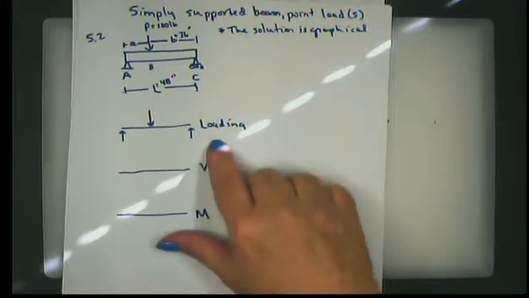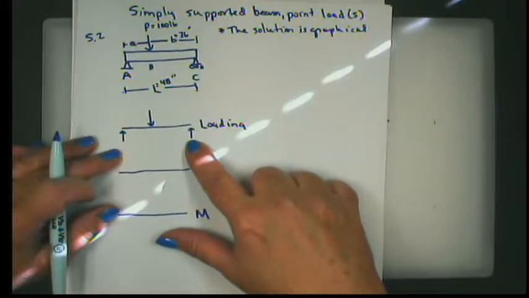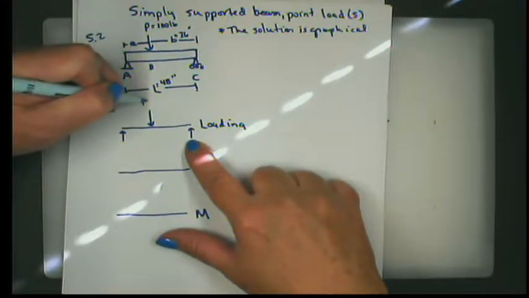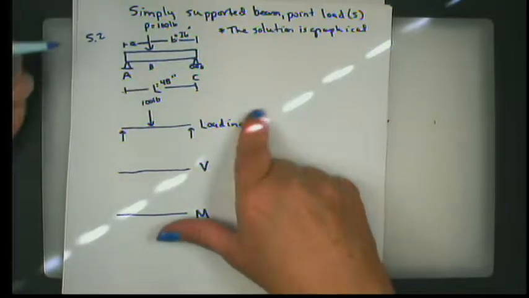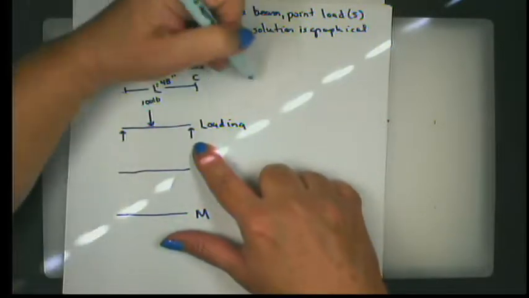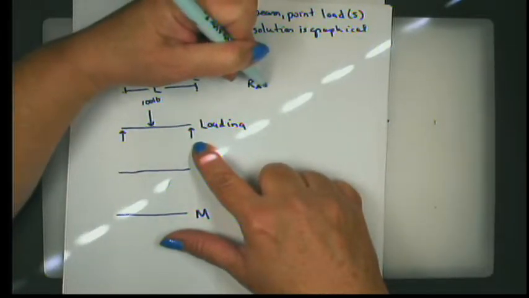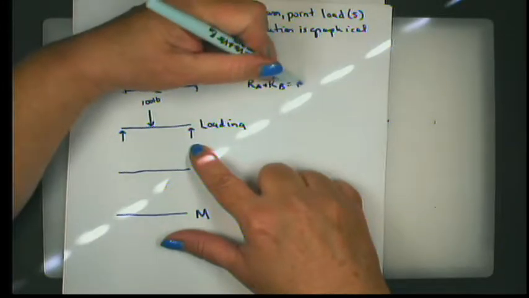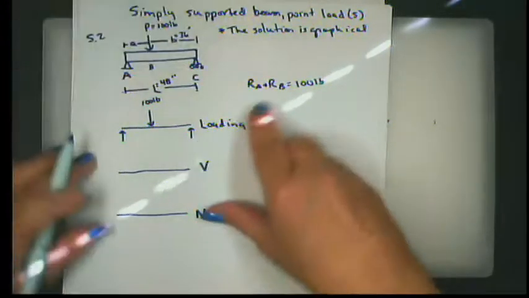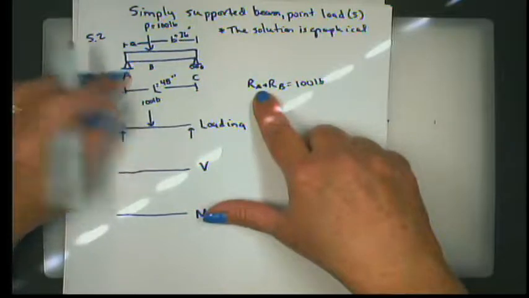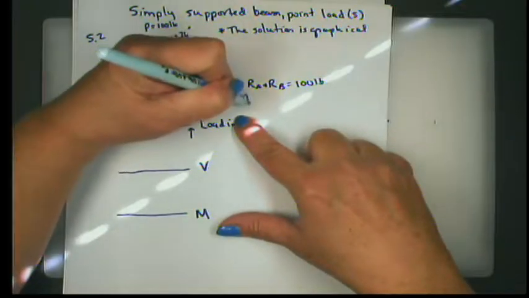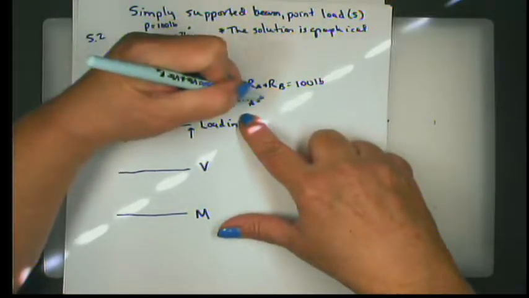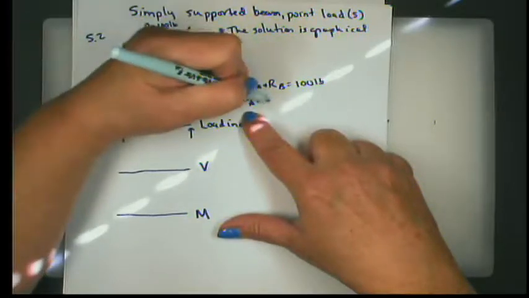All right. So for loading, the first thing we know that we have to do, we know that we have a 100-pound force pushing down. We have to do statics to find out what the reaction at A and the reaction at C are. We know that they're going to sum up to be 100 pounds. But we have to use moments. We could take moments about A, for example, because we know that the moments about A are going to have to sum to 0.